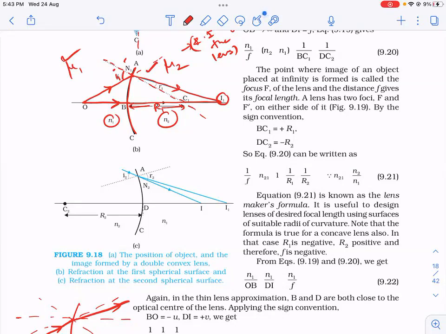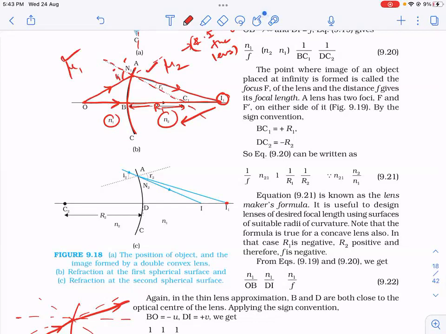So this image I1, where is it formed? That image I1 is actually formed in which medium? It is actually formed in the second medium. To be honest, the image will not be formed at all. What we are trying to say is, if the second refracting surface was not there, then this would have been the point where this image would have been formed.